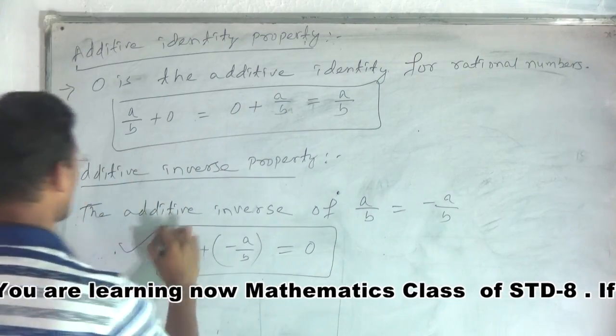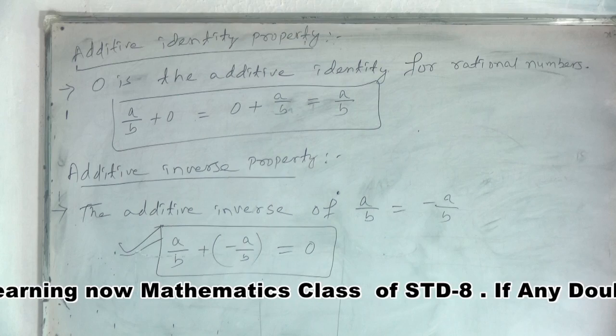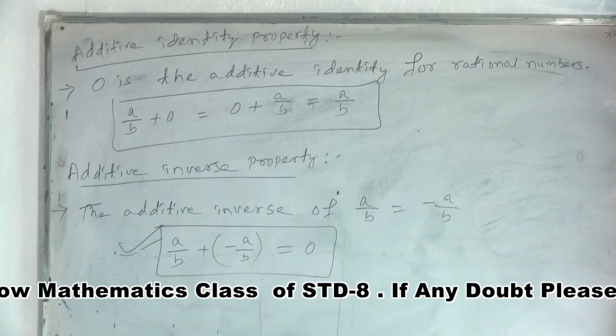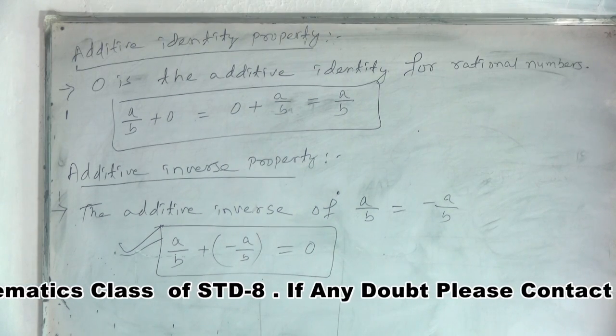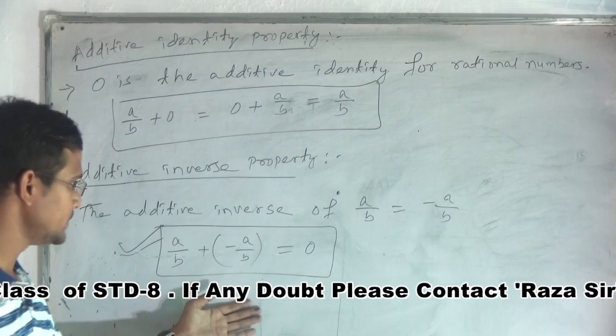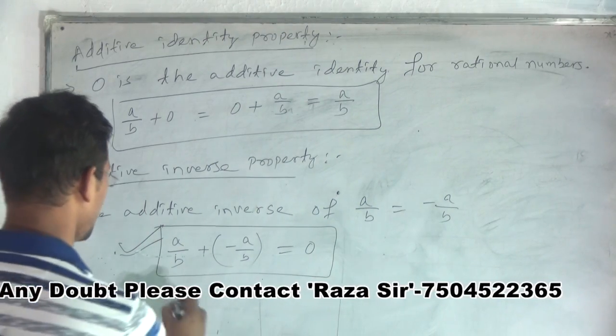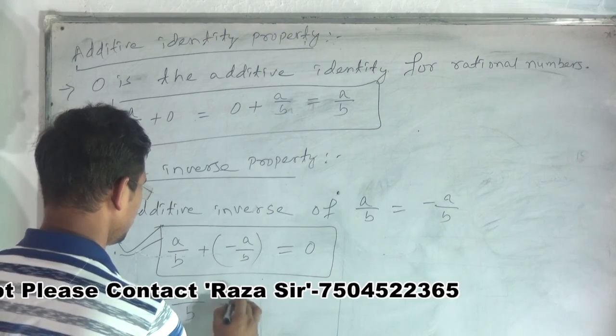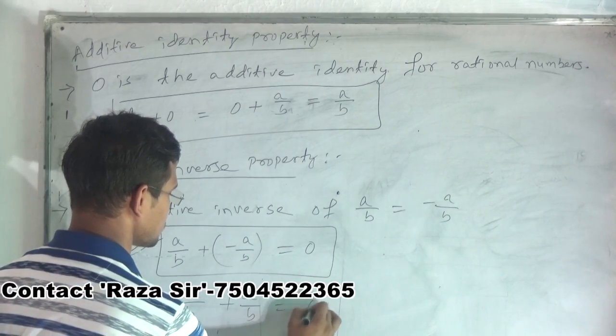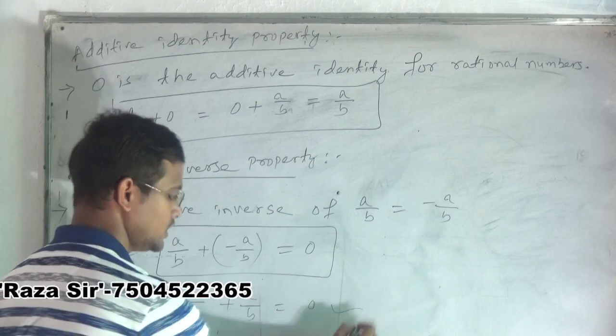This is your additive inverse property. You add A by B and the inverse of A by B, then you get 0, or minus A by B plus A by B is also equal to 0.